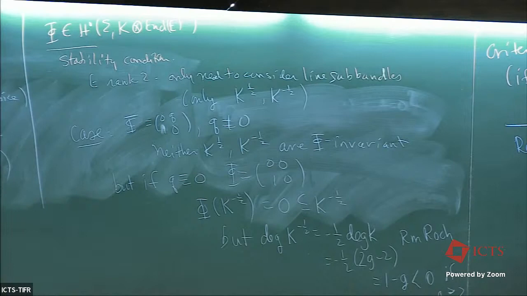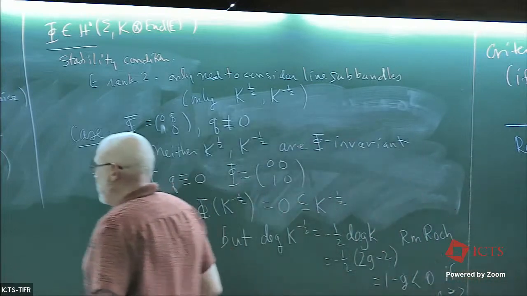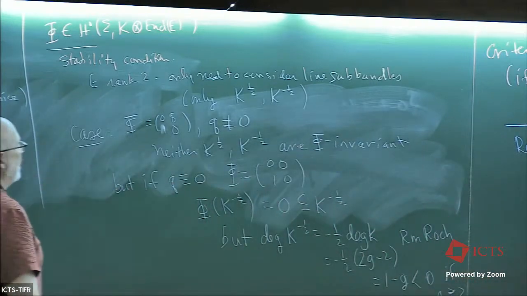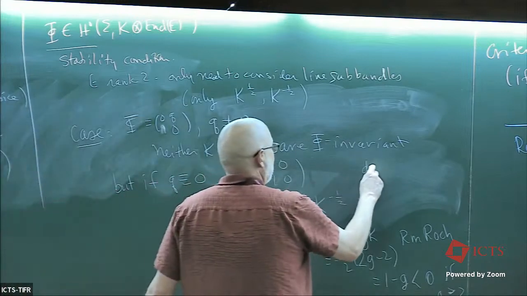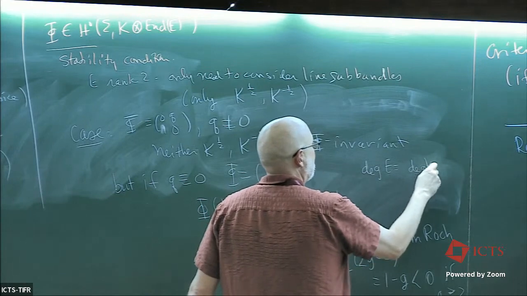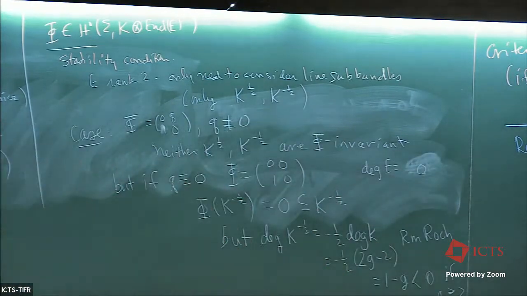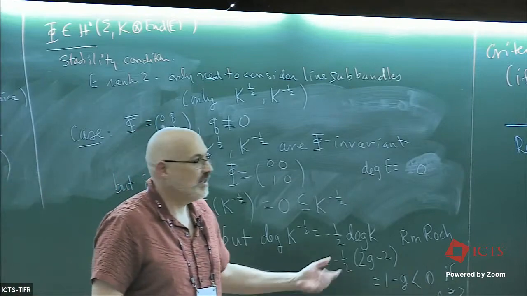Okay? So this setup does give us a stable Higgs bundle, and I should also check that the degree of E itself is going to be 0. It's just a direct sum of a line bundle and its inverse, so they add up to 0. Okay? So this is how you can check the stability in this case.